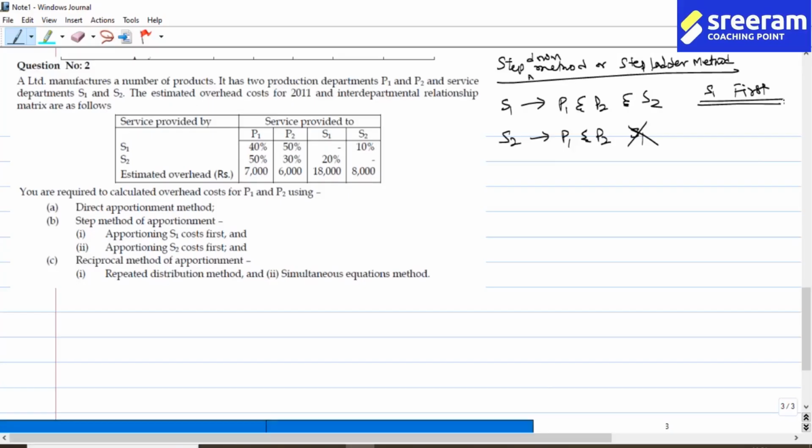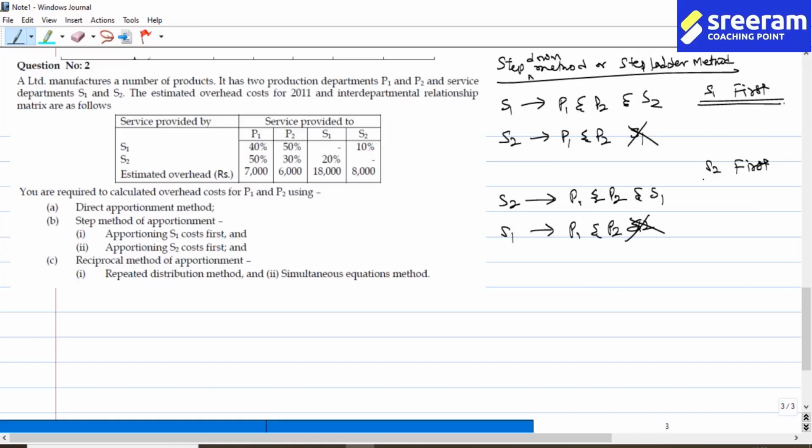There is another way of looking at the subject matter: S2 first. So S2 overheads will get distributed between P1 and P2 and S1. Then S1's overhead will be distributed between P1 and P2, and S2 will not be taken up at all. There are two different ways of doing things.